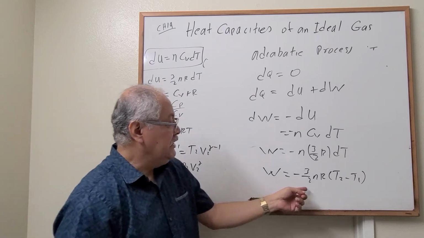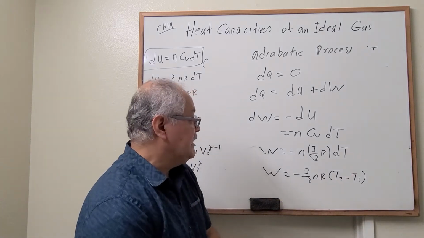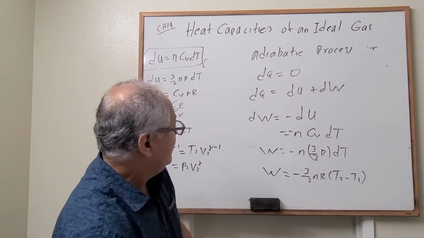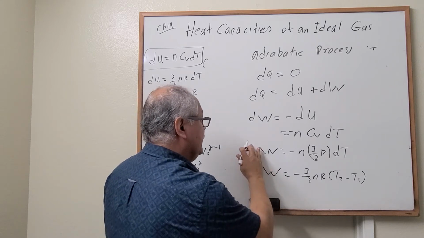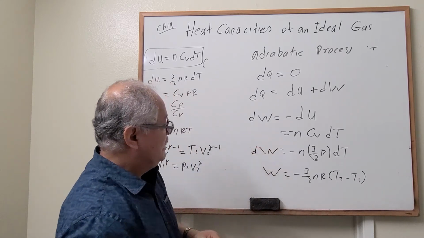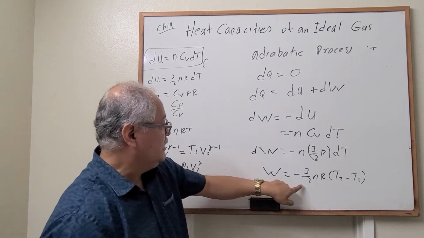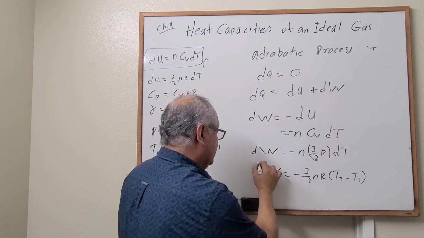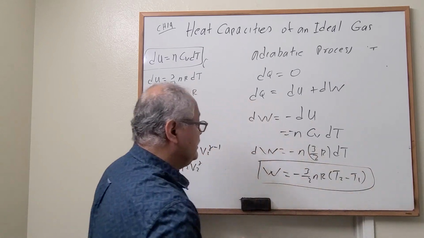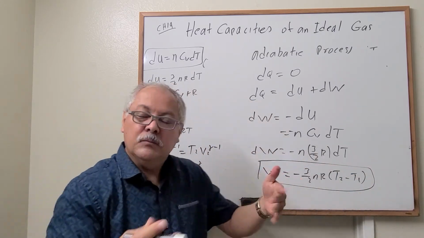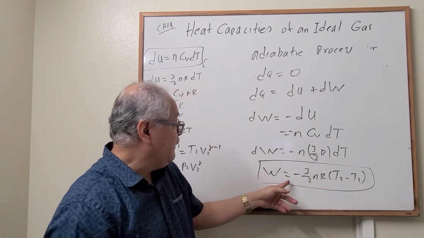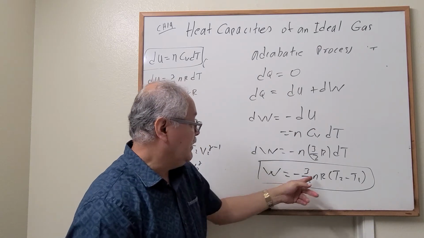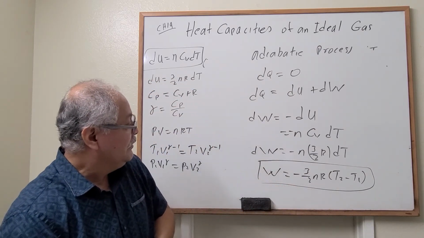This is one way we could represent the work, because it's the same thing as this. So this is the work done in an adiabatic process. One way, and we have another one.